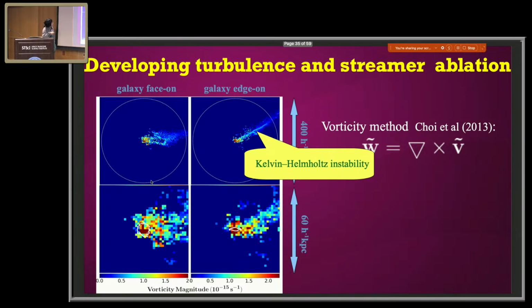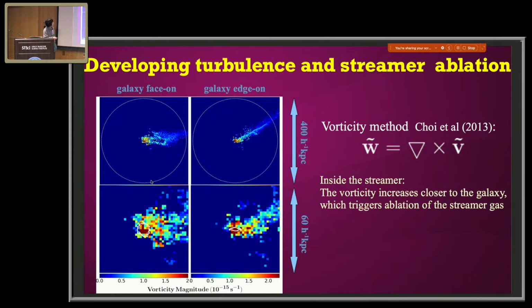So we consider this may be triggered by Kelvin-Helmholtz instability. And also, if you look at the galaxy scale, you can see how dramatically the vorticity increases near the galaxies. So this can also be triggered by the ablation of the stream gas, which we showed when you get close to a galaxy, so you don't see this spaghetti structure so clearly.